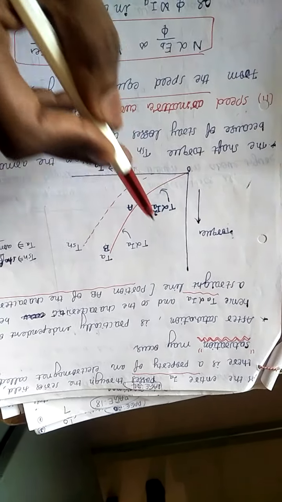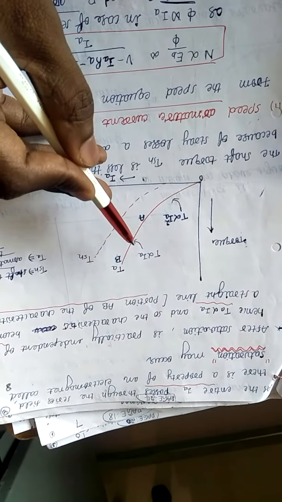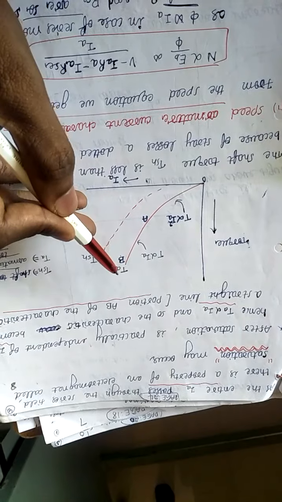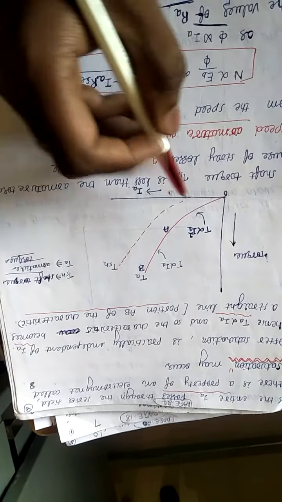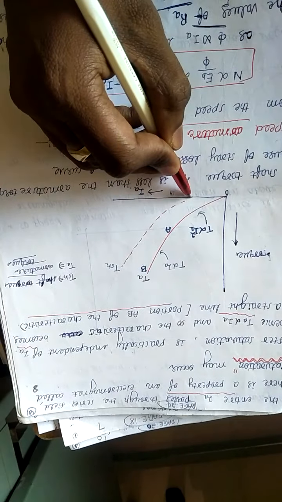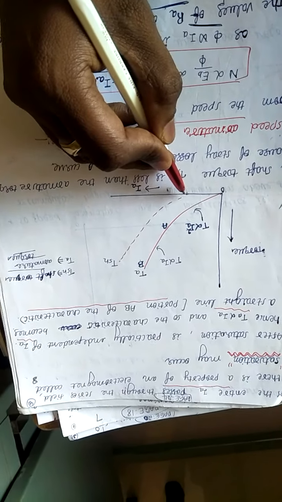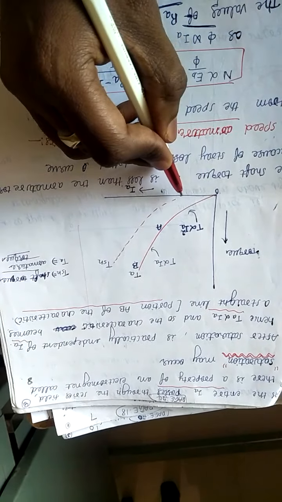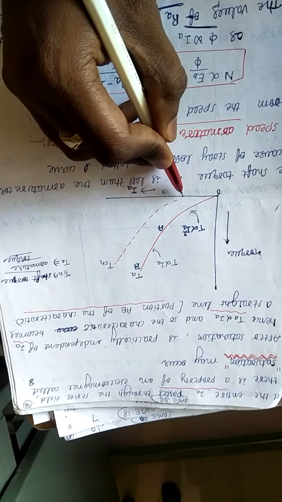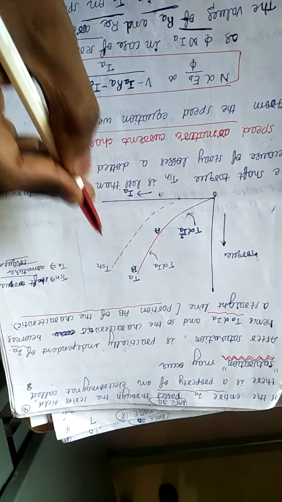This is Ia versus T, parabolic when you have the square term. If you don't have the square term, it increases linearly with respect to Ia. Again here also the same thing: initially you require some armature current to run the shaft.